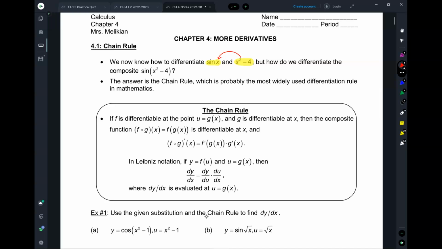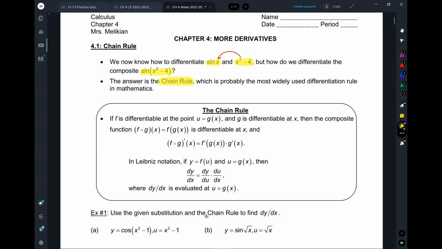What if we made an f of g of x type of situation, and we got something like sine of x squared minus 4? Well, we don't know yet how to take a derivative of something like this. But today is the day. The answer to all our problems is the chain rule. And it is widely used all over the place.